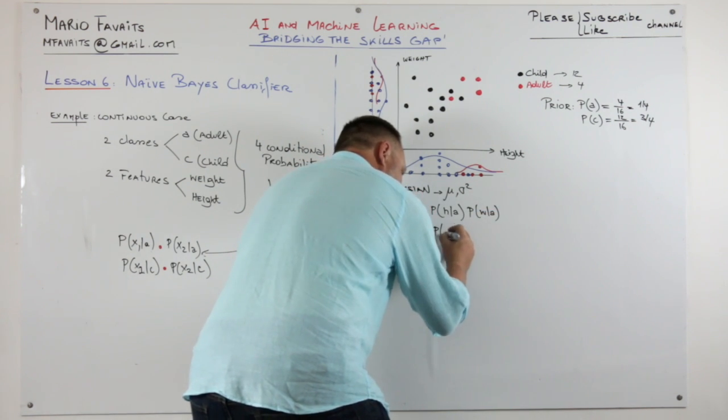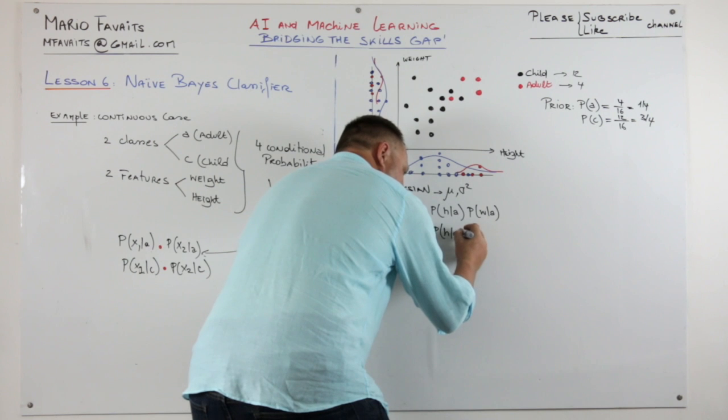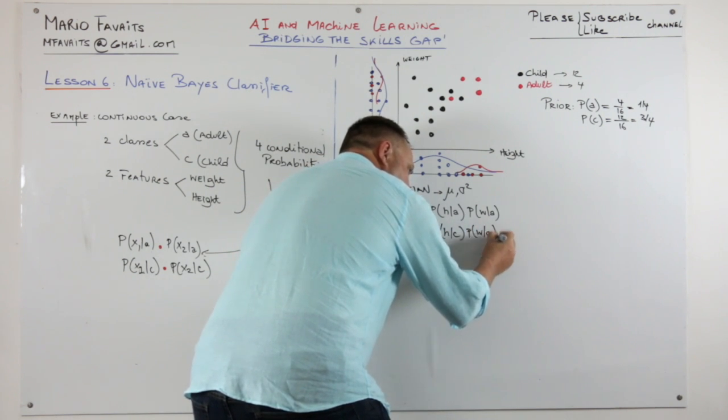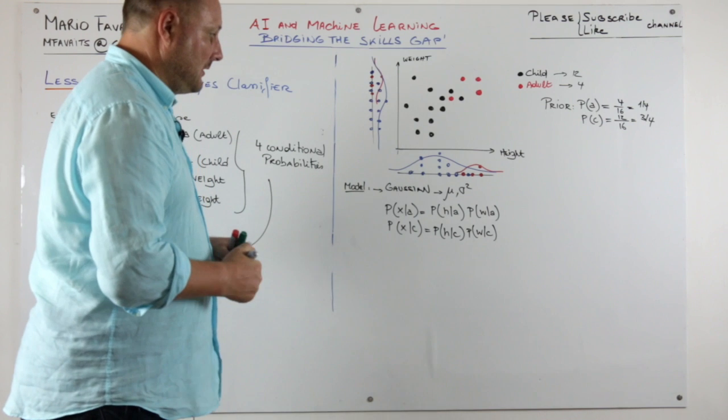And here is the same, height given a child times the probability of weight given a child.